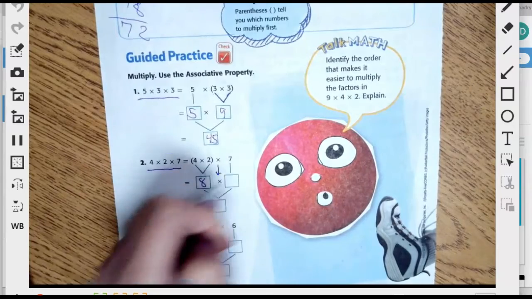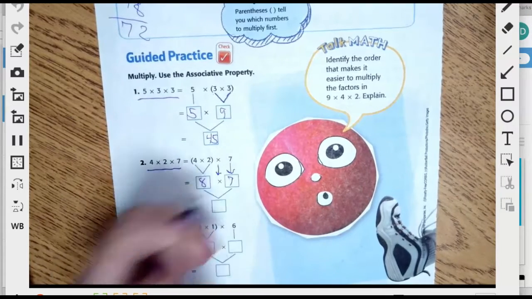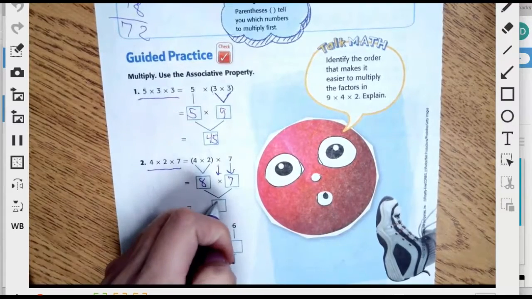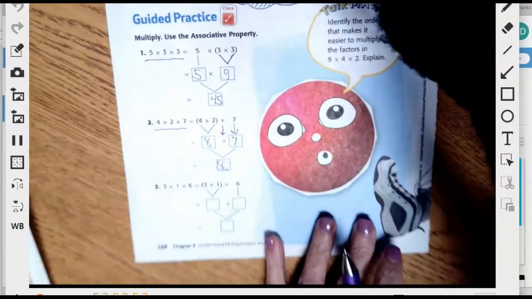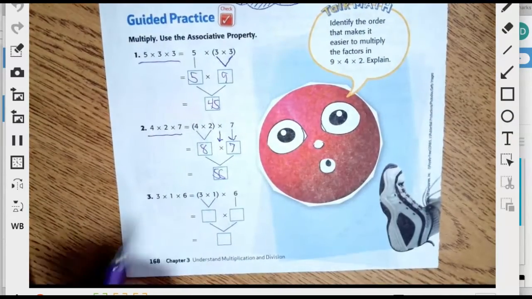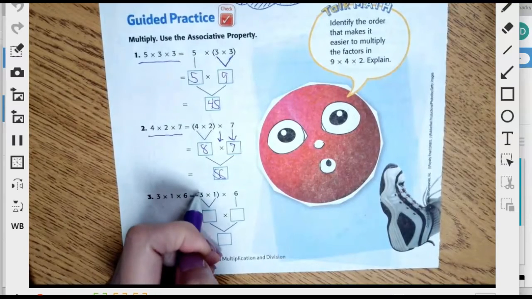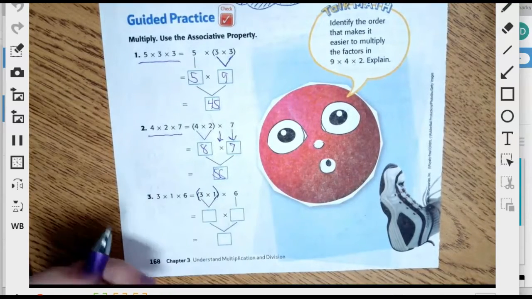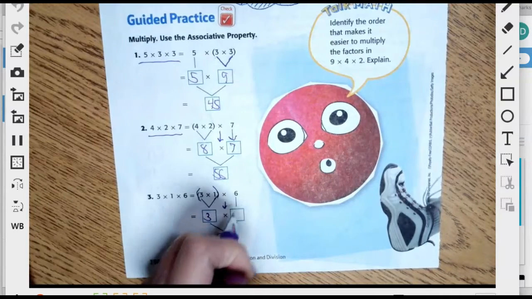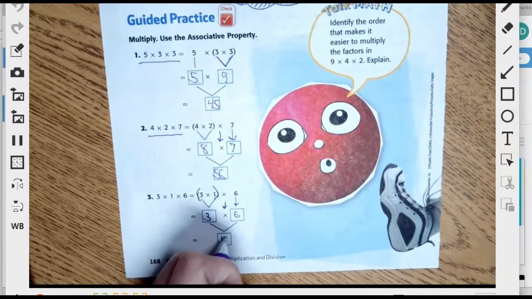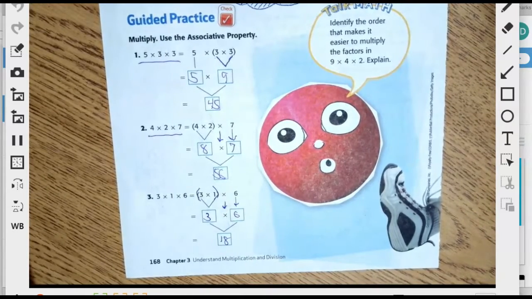Drop in your multiplication sign and your number 7, and then you should know 8 times 7 is 56. And then the final problem is 3 times 1 times 6. Well, they're going to have us do this problem first. 3 times 1 is 3. Drop your multiplication sign, your 6, and that's 18. Okay, so the associative property says that it doesn't matter how you group them.